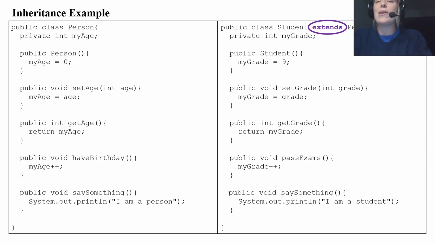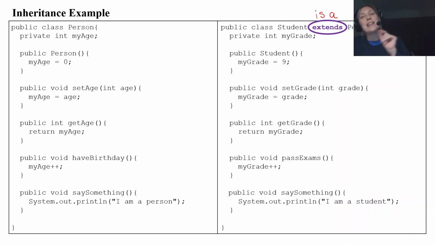Okay. Now, extends is the keyword, but what it represents is the is-a relationship, because student is a person, right? A student has an age, so it inherits that age from person as an instance variable, and then it also is going to inherit all of the methods, okay?